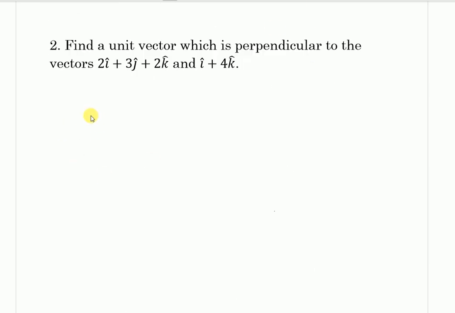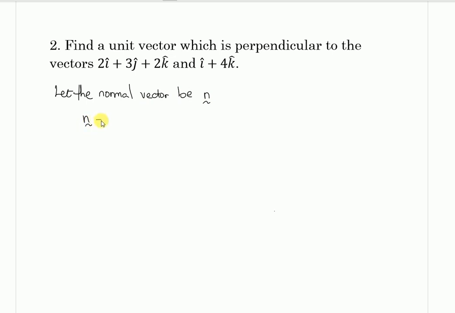Find, this is another example, find a unit vector which is perpendicular to the vectors 2i plus 3j plus 2k and i plus 4k. So we shall let that vector, the normal vector, be n.